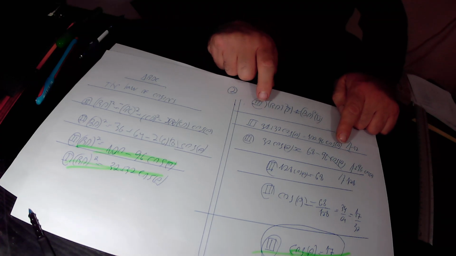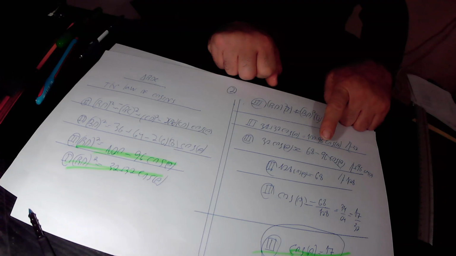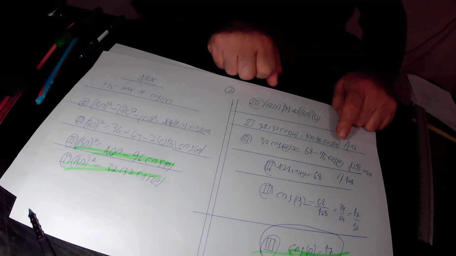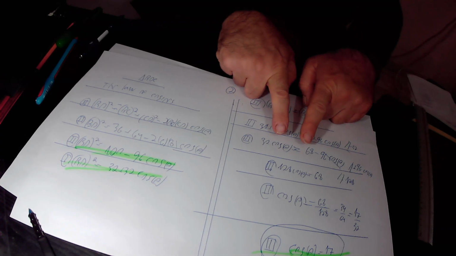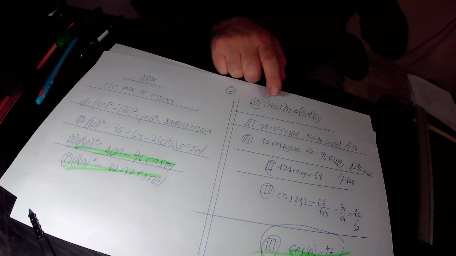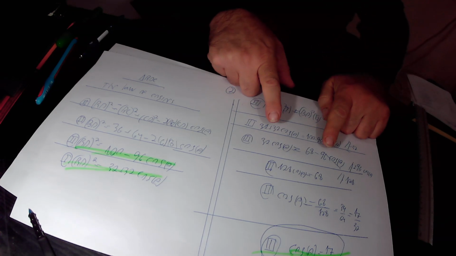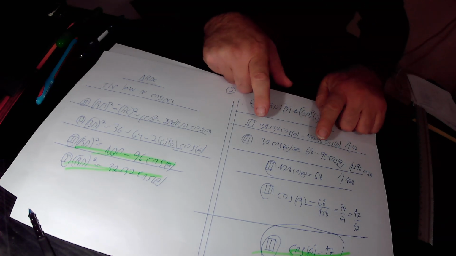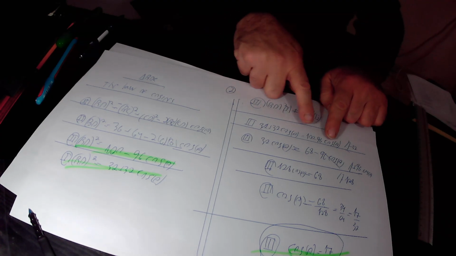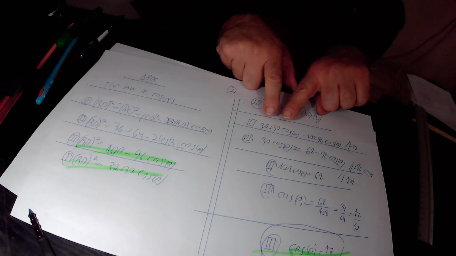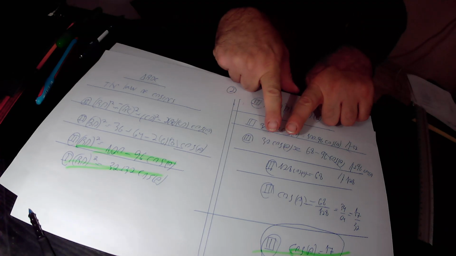Here we add 96 cosine theta to both sides, so the 96 cosine theta cancels on the right, leaving only 68, and on the other side we have 96 cosine theta plus 32 cosine theta, which equals 128 cosine theta.